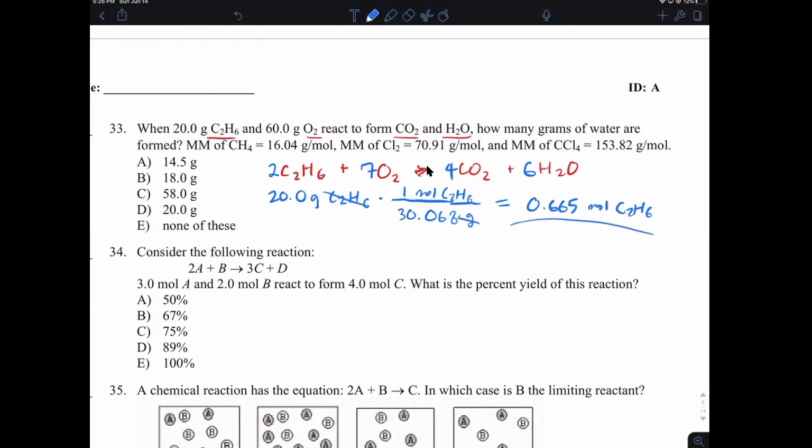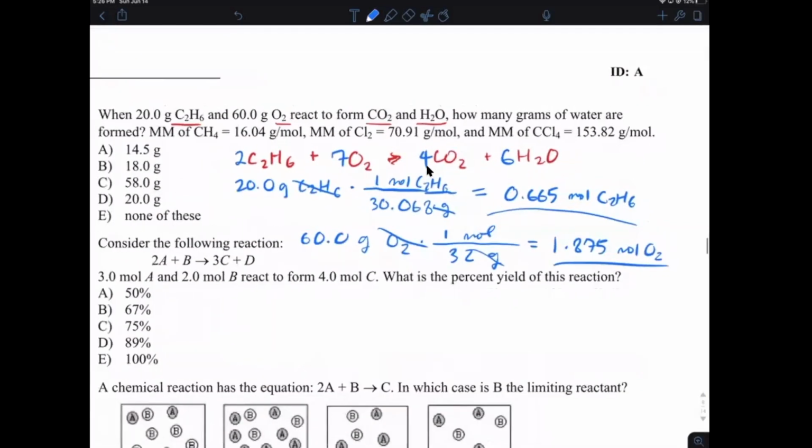And then, what do we want to do? Okay, so 60.0 grams O2, and we do the exact same thing. So divide by 32. That's going to give us around 1.875 moles O2. Okay, so from here we want to find the limiting reactant, right?